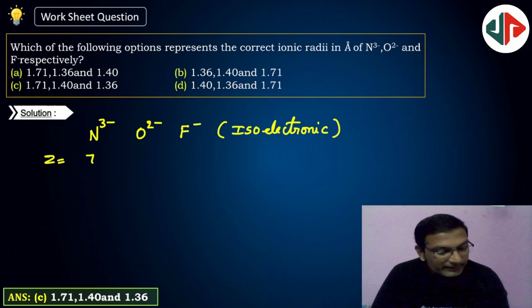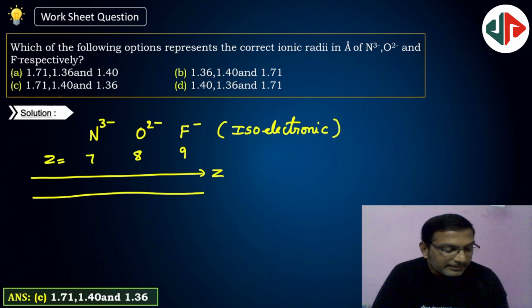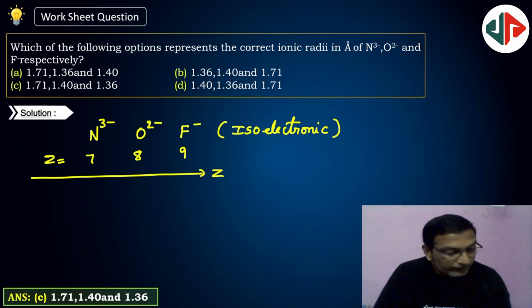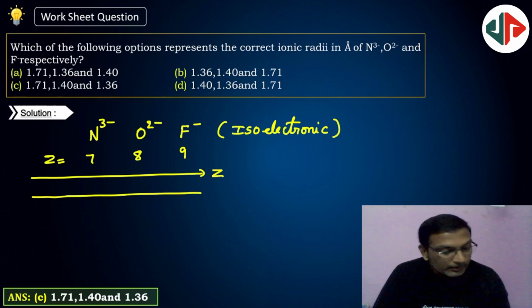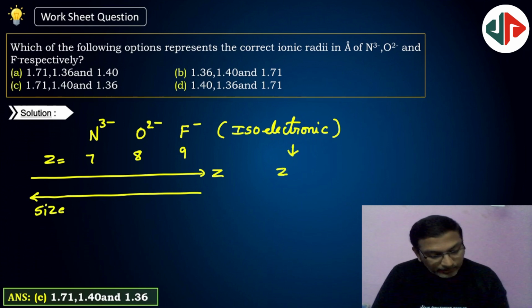Atomic number 7, 8 and 9. So atomic number increases in this order, but size will be in the reverse order. In case of isoelectronic species, as the atomic number increases, size decreases.